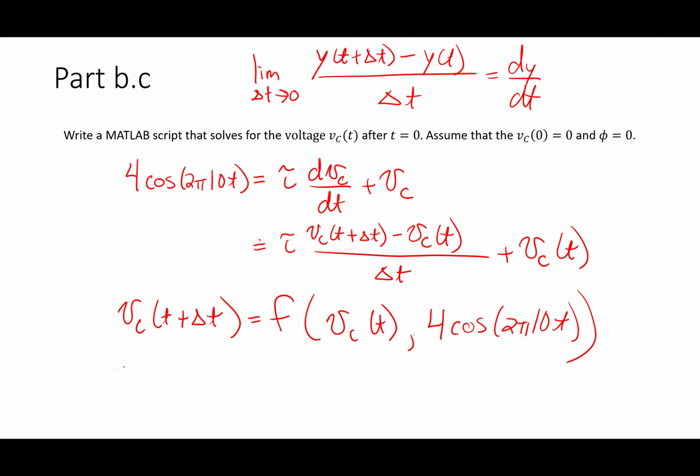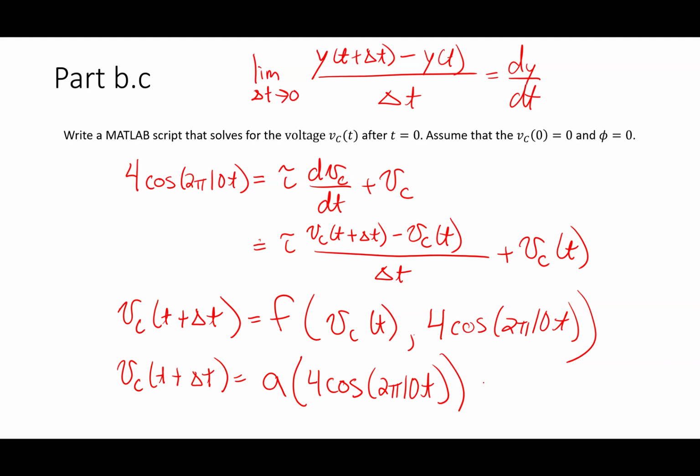I say vc of t plus delta t equals a constant times vs of t. So when I say vs, the source, so 4 cosine 2π10t, like that, plus some other constant times vc of t, right?